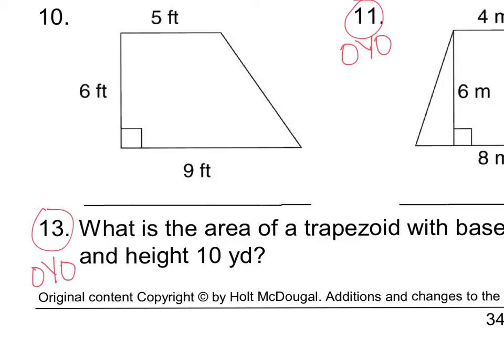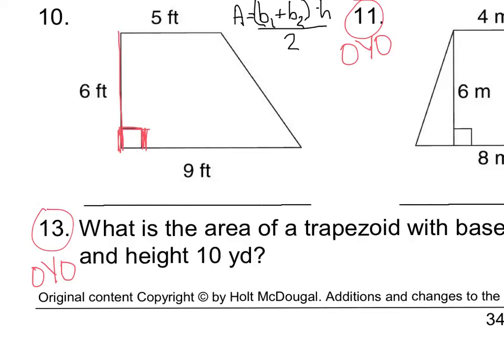Number 10, we have to be able to identify the different parts, but let's go ahead and write our formula down. Area equals base 1 plus base 2 in parentheses times height divided by 2. Let's label those parts here, first, by identifying my chair.